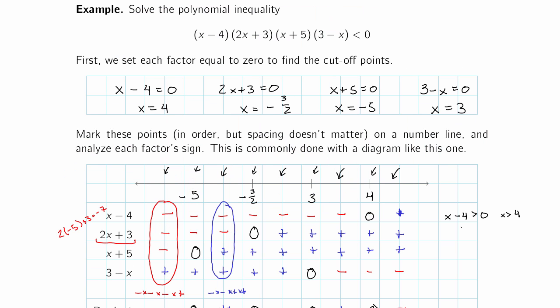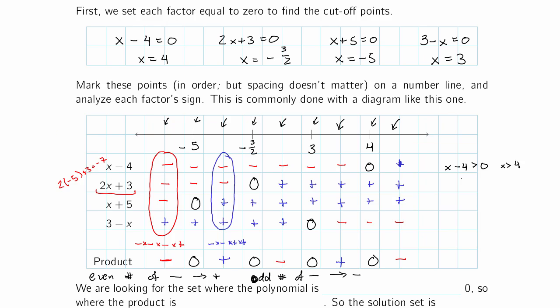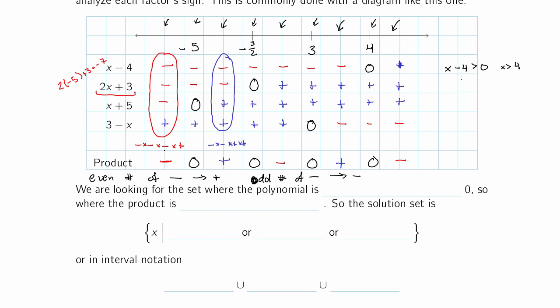Now we look back at our original inequality, and we see that our original inequality wants to know when the product is less than 0. We're looking for the set where the polynomial is less than 0, so where the product is negative.